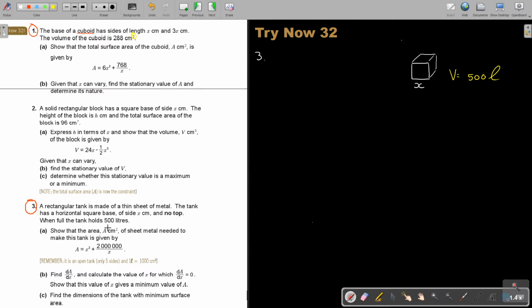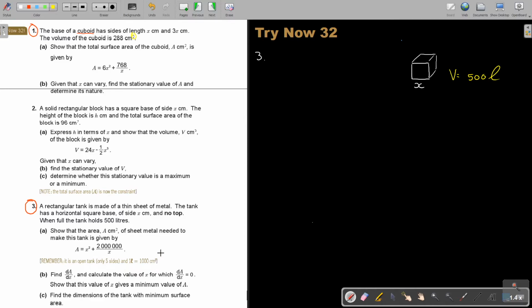Okay, let's start. Show that the area A of the sheet of metal needed to make the tank is given by A. Remember, it's an open tank, so only 5 sides. And don't also forget, 1 liter is 1,000 cubic centimeters.